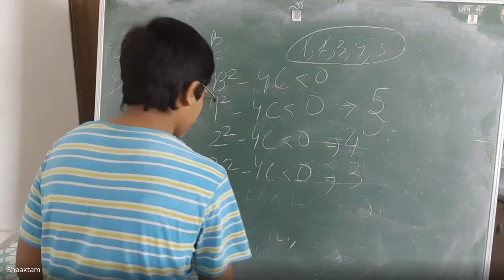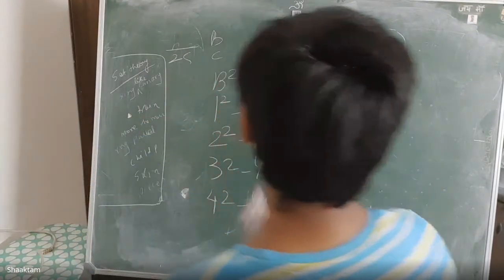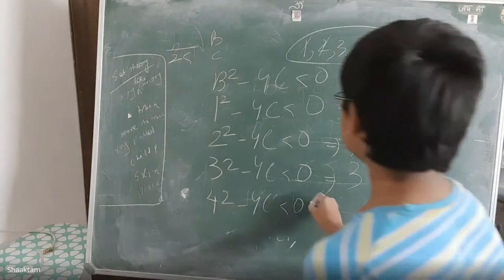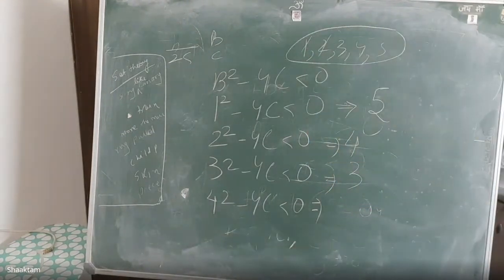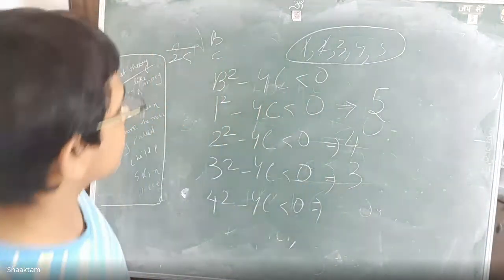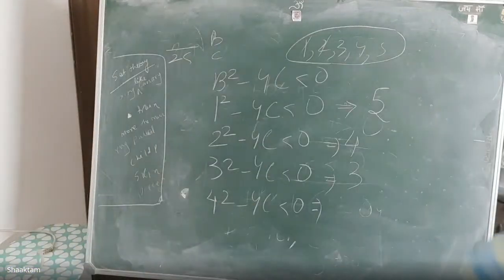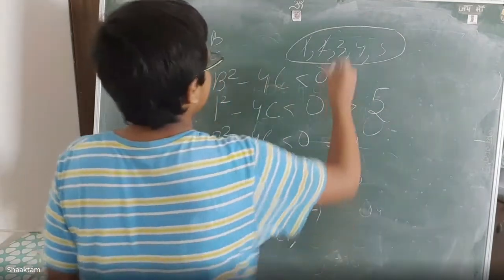Now I'll go to 4 square. 4 square minus 4C. What we can see here is also certainly peculiar in nature. 1 will of course not apply, 2 will of course not apply, even 3 will not apply.